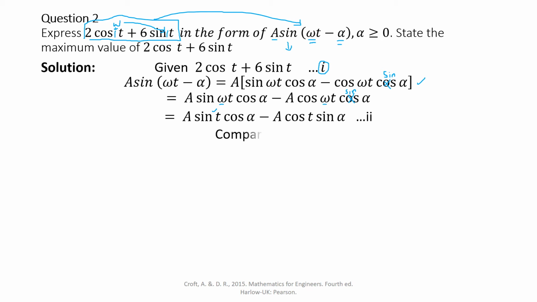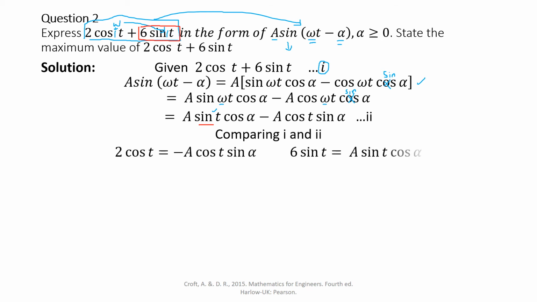Then we'll go for comparing. Let me change. Here we got sine t in the first term, there sine t in the second term. So first term and second term will be compared here.